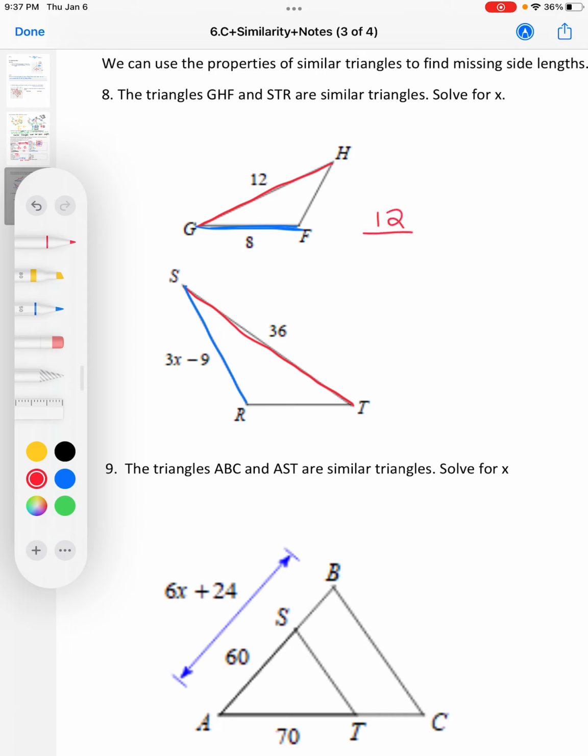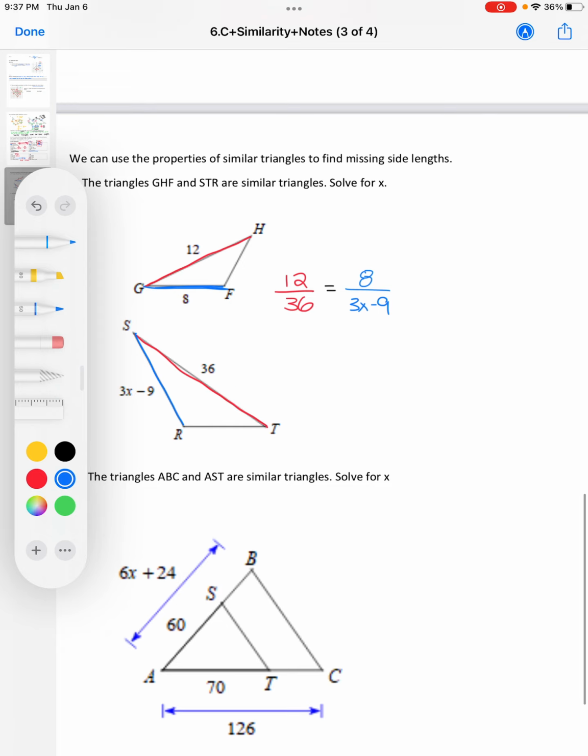So 12 and 36, those are together. If we divided those, we would find whatever we're multiplying by, okay? That number that we're trying to multiply by has to be the same as whatever this divides out to be. Okay?